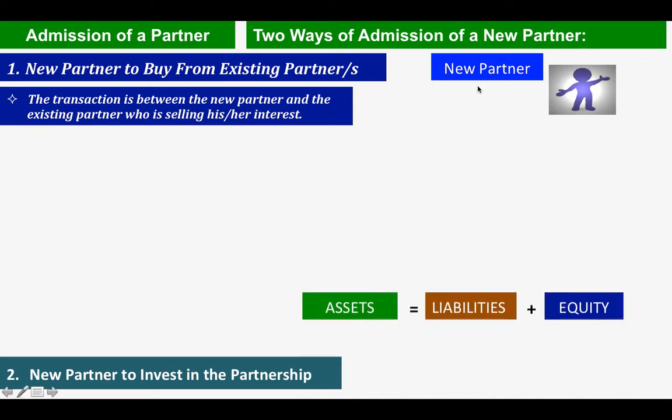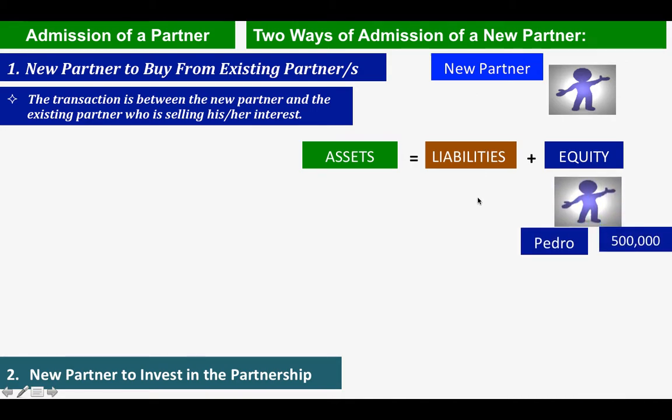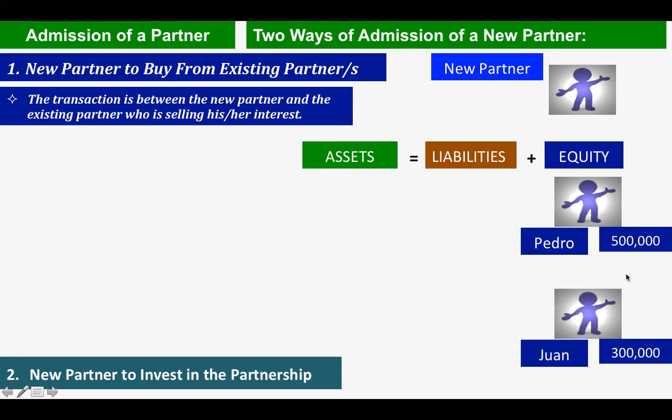Using the accounting equation to illustrate the equity side, we have Pedro's capital at 500,000 and Juan's capital at 300,000. So the total of the partnership equity or capital is 800,000.